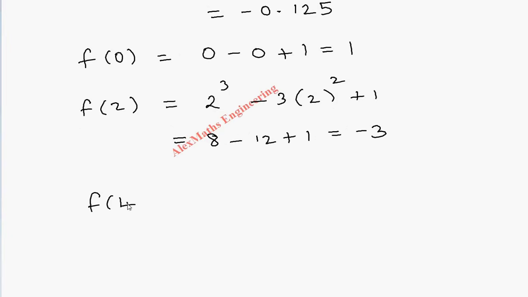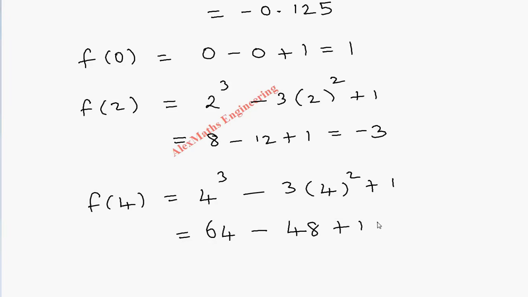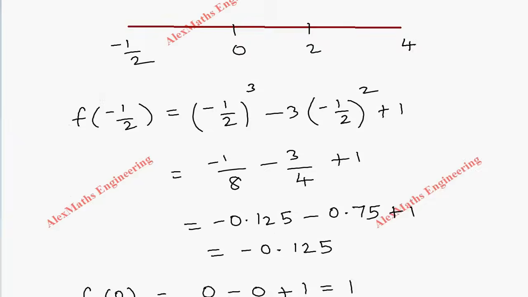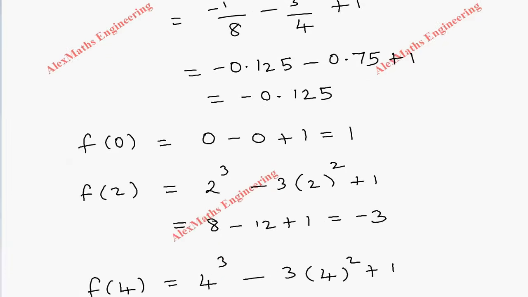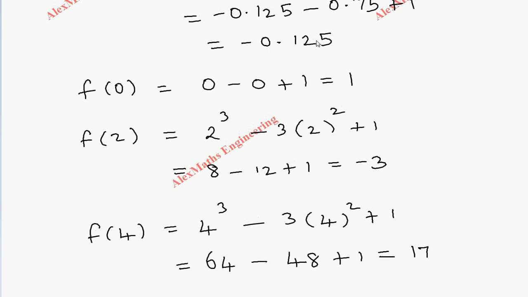So f of 4 gives us 4 cube minus 3 into 4 square plus 1. So this will be 64 minus 48 plus 1, that gives 17. So from these values we have to see the smallest. The smallest is minus 0.125 we have and minus 3.